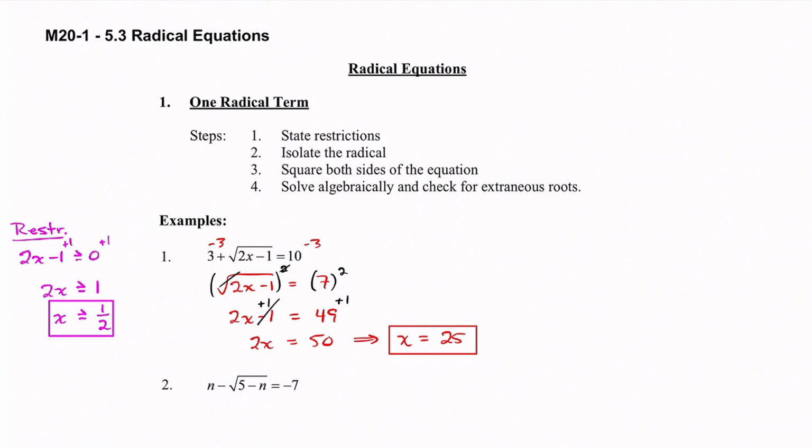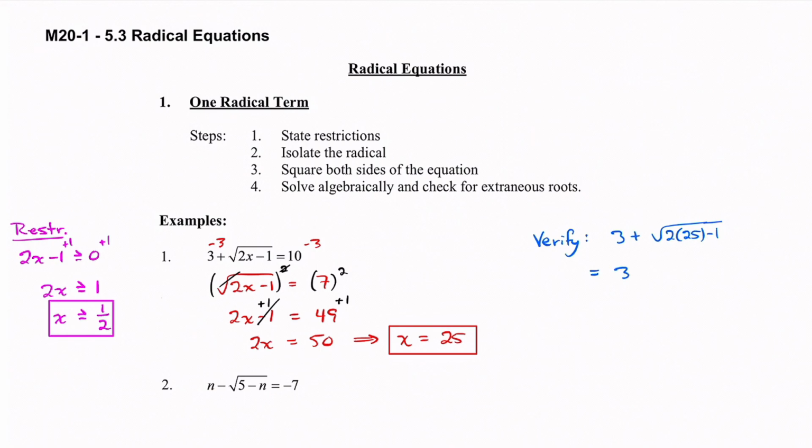To verify our answer here now, because we want to make sure that the value x equals 25 actually works, we're just going to plug it in. So I've got 3 plus the square root of 2 times x, and x is 25, and then minus 1. Then we've got to simplify this, and we should get out a 10.